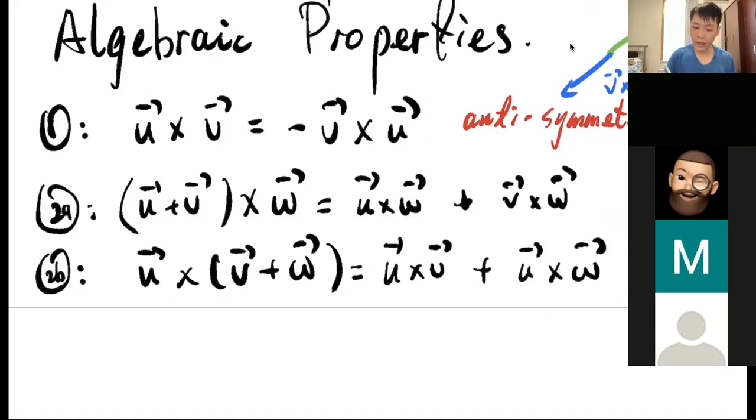To see why, when you switch the order, you trade it off with a minus sign, and the addition flips to the first argument, and you can distribute it likewise. Then you flip it back again, and you trade it off with another minus sign. But two minus signs become a positive.